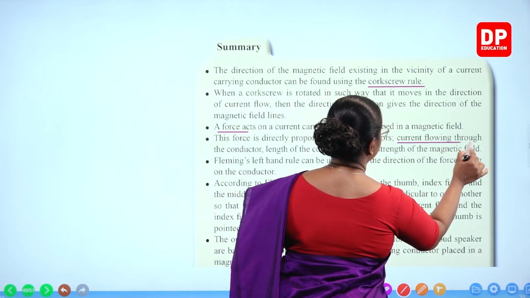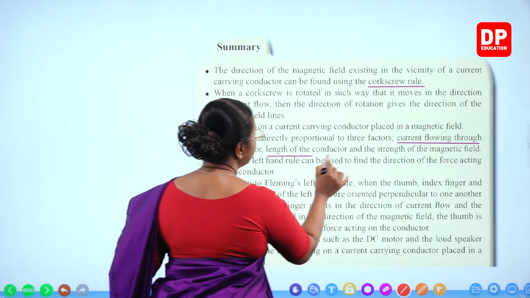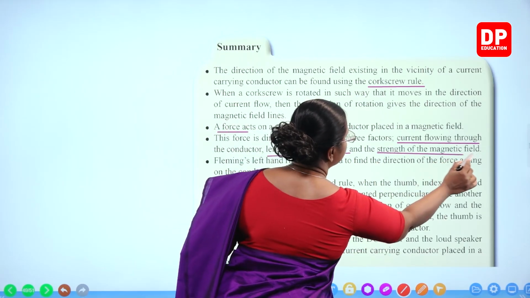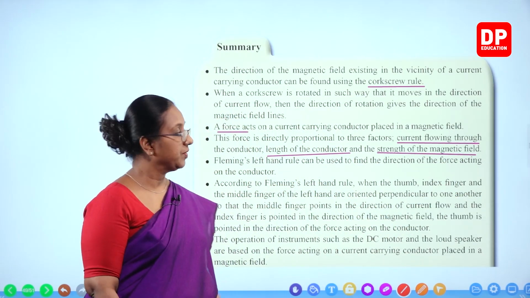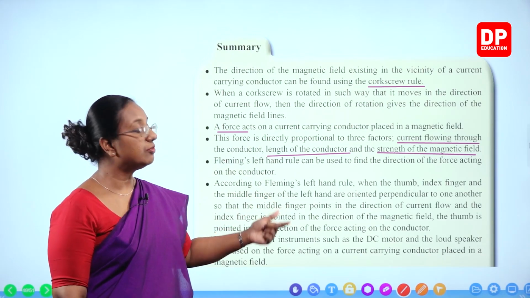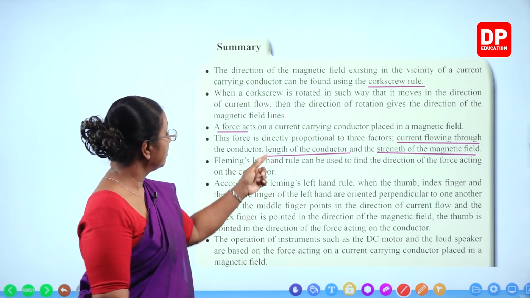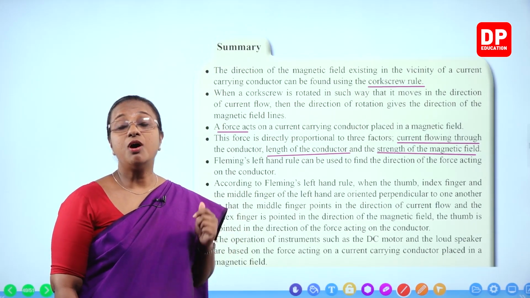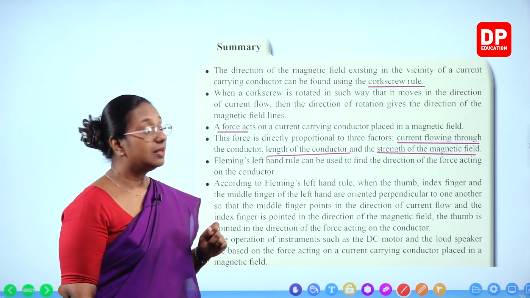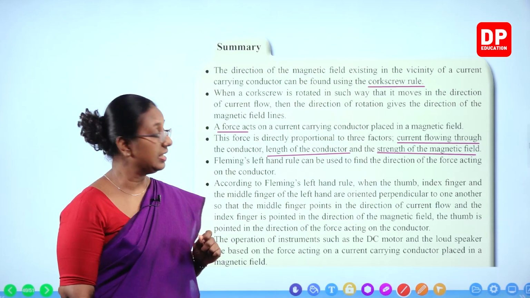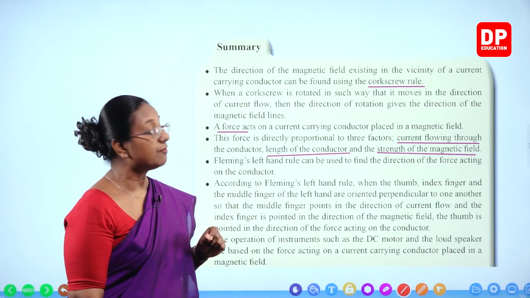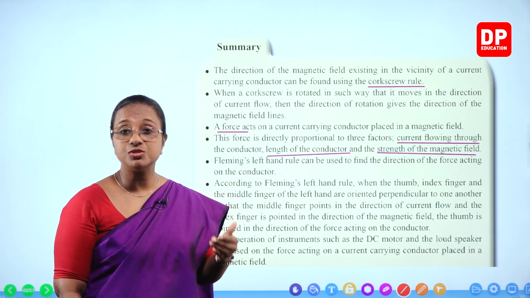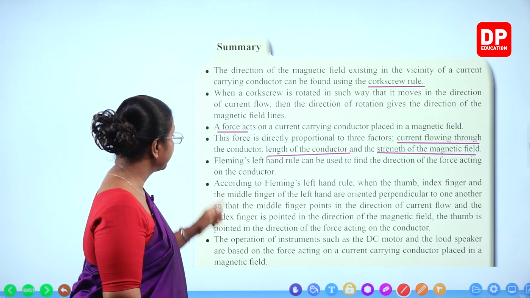Current flowing through the conductor, length of the conductor, and the strength of the magnetic field. So when you increase the current flow, the force increases. When you increase the length of the conductor or the number of turns of the coil, the force increases. And when the strength of the magnetic field increases, also the force increases.